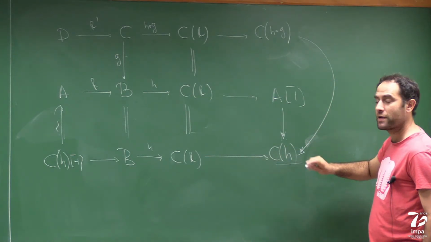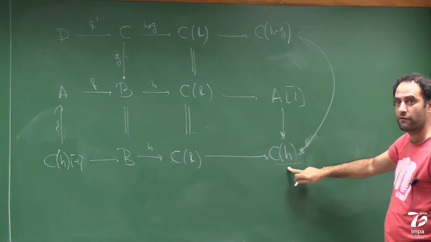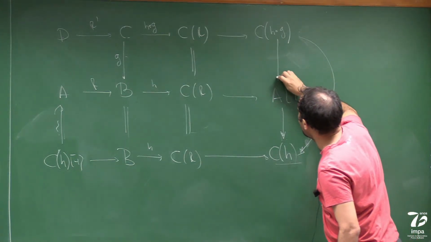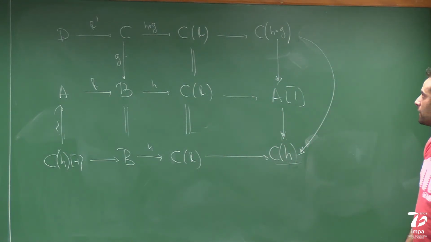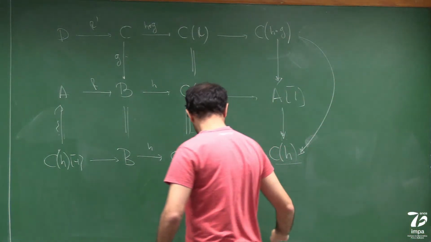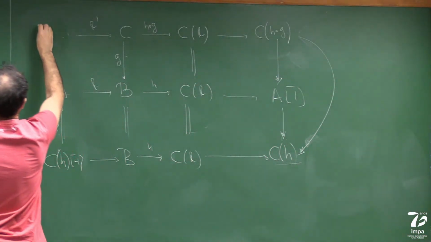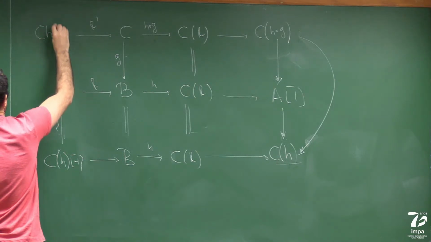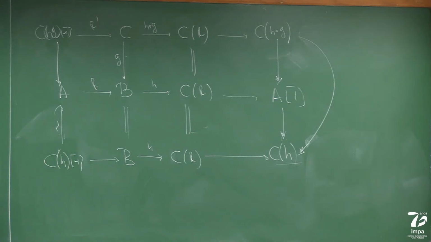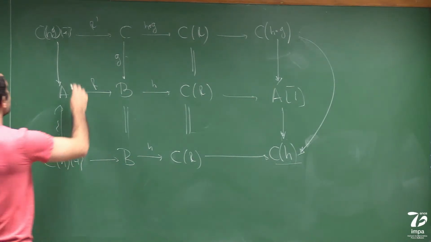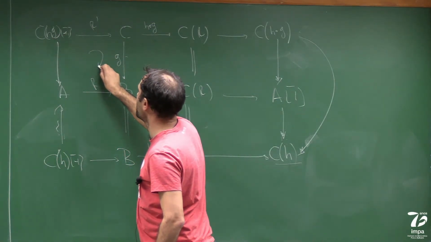The natural map from A shifted by 1 to CH is invertible. So that means that here I have a map. Now I just shift that guy here, shifted by -1. And this means that here I have a map. Okay, so now I constructed an object and a commutative diagram here.